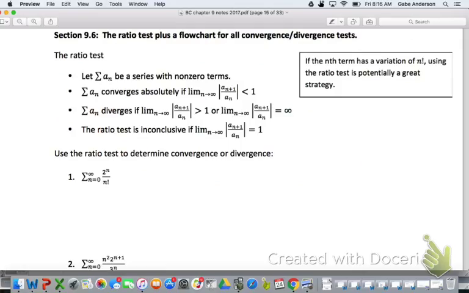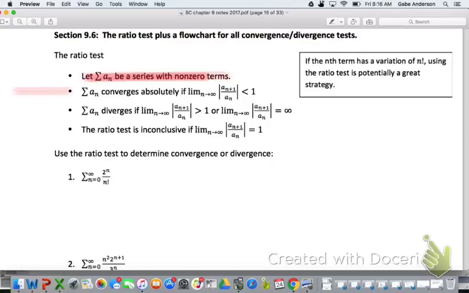All right, so let's do our last. And this is an interesting one. Like I said, we'll use this one a lot. So the ratio test has a couple of conditions here. So here we go. The series with non-zero terms. And then here's the test itself.